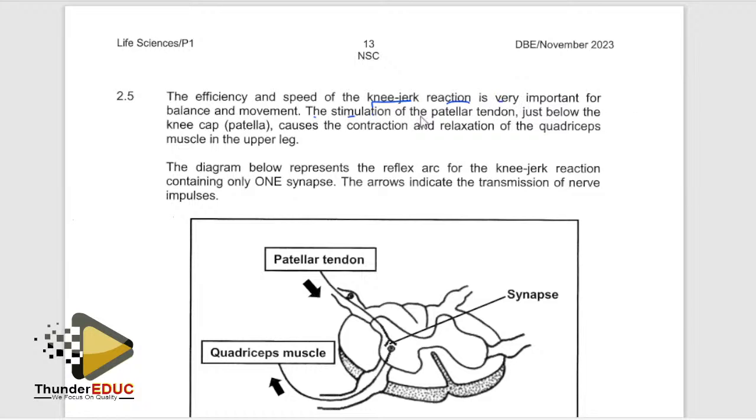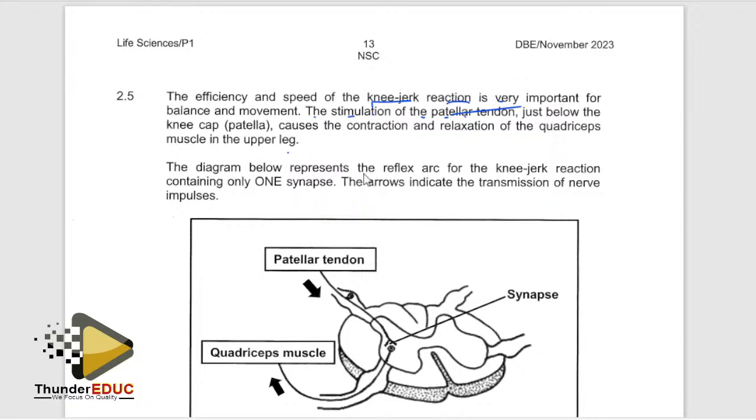The stimulation of this tendon just below the knee cap causes the contraction and relaxation of muscles. So there are 4 of them, because if there are 3, try. If there are 2, try. Sharp muscles in the upper leg.